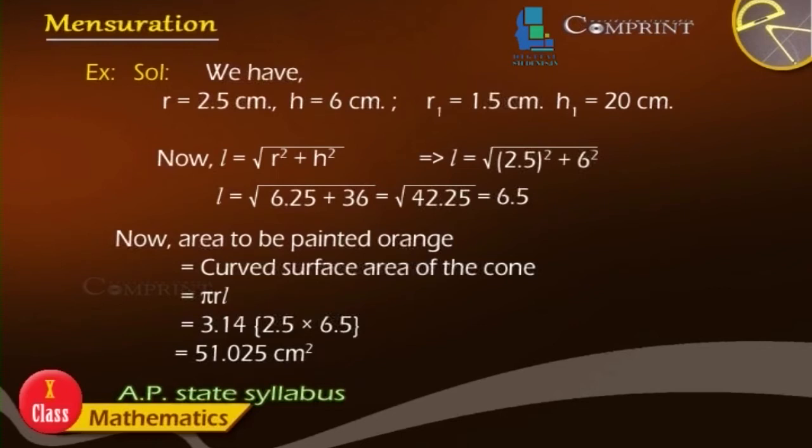Now, area to be painted orange is equal to the curved surface area of the cone, which is pi R l = 3.14 into 2.5 into 6.5 = 51.025 centimeter square.